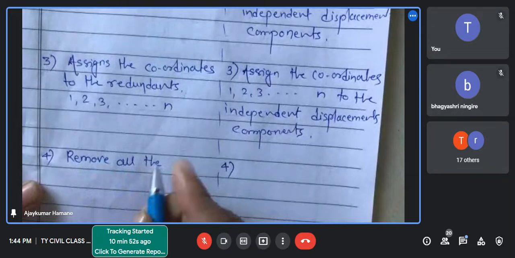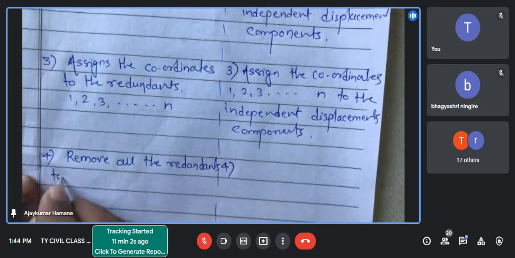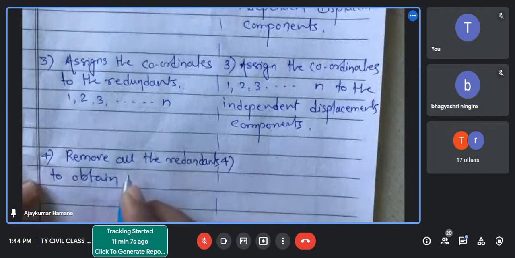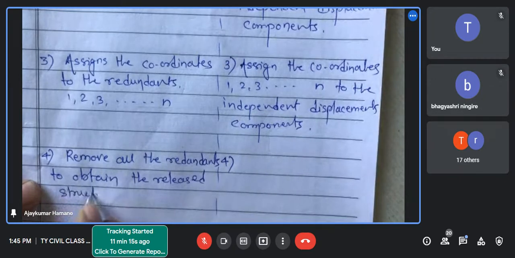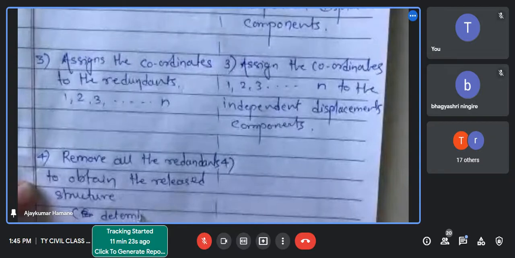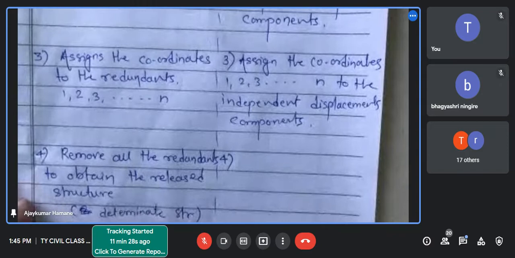Released structure means an equilibrium, that is a determinate structure, we can say.